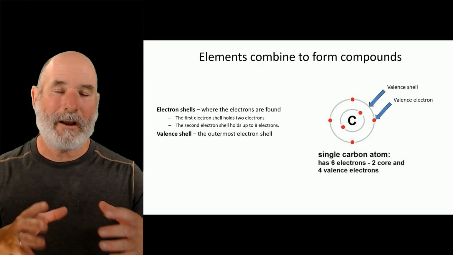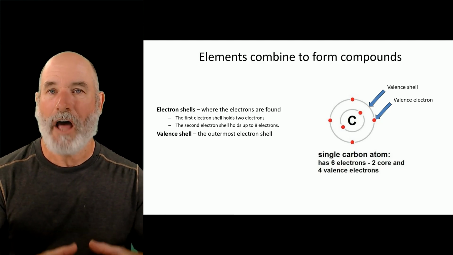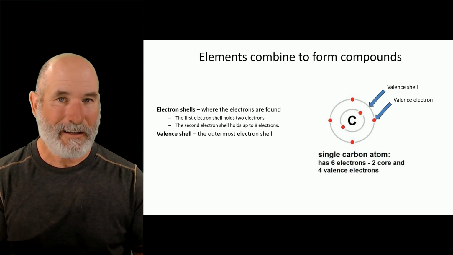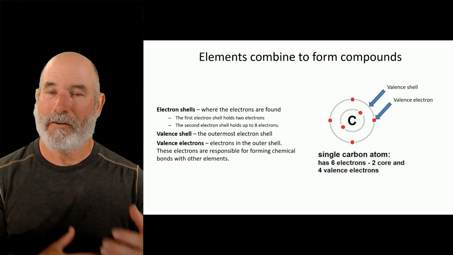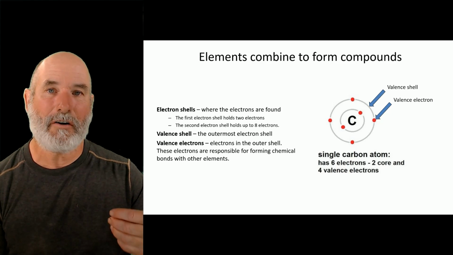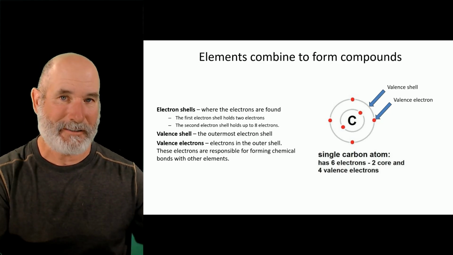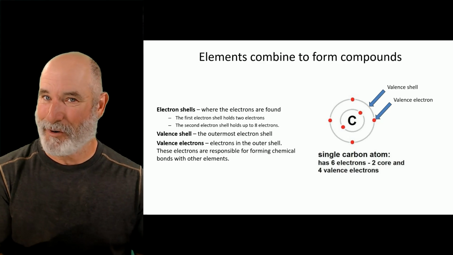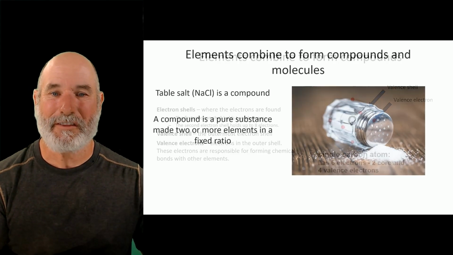And whatever your outermost shell is, that is called the valence shell, and inside that shell are the valence electrons. These are really responsible for forming chemical bonds with other elements. Yes, it gets more complicated than that, but for our purposes here, we're just going to stick with this.